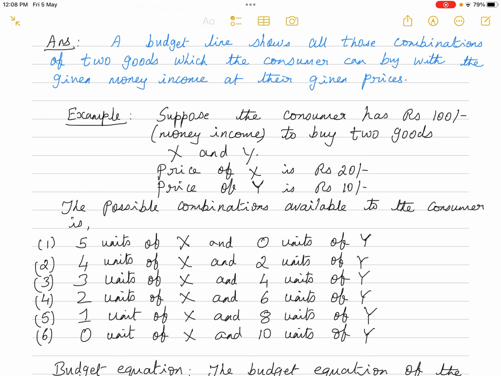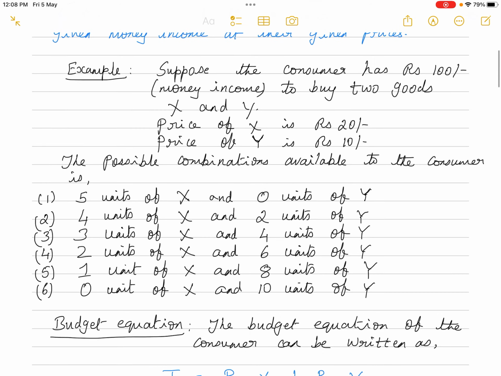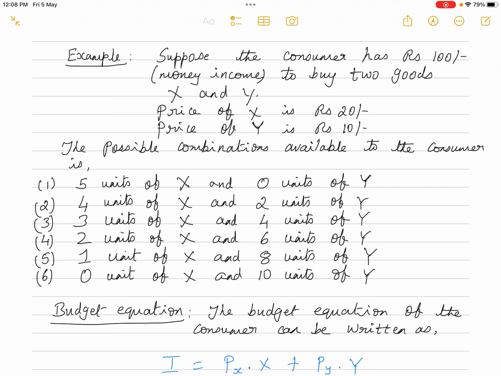So with this given money income and with these given prices of commodity X and Y, let us check out what are all the various possible combinations the consumer can afford. Okay, so what he can do, suppose let us assume he is spending his entire money income on commodity X. So the entire 100 rupees he is spending on commodity X, how many units will he be able to purchase?